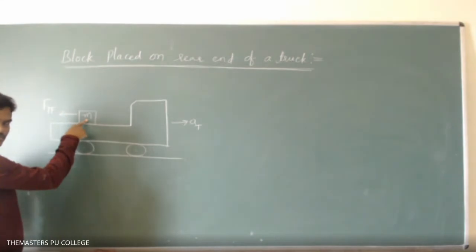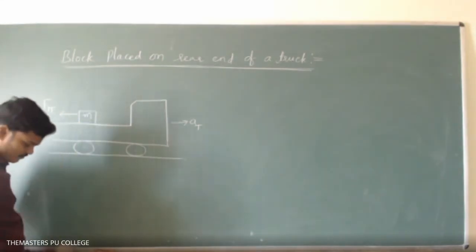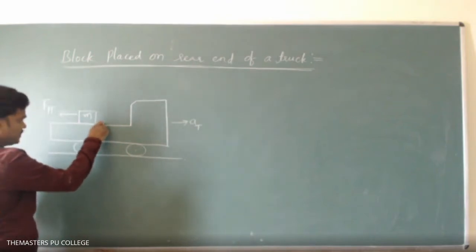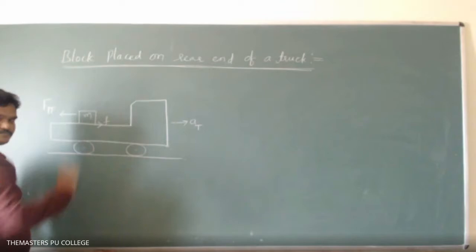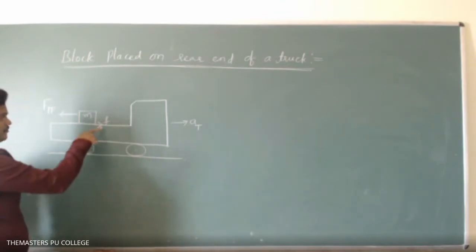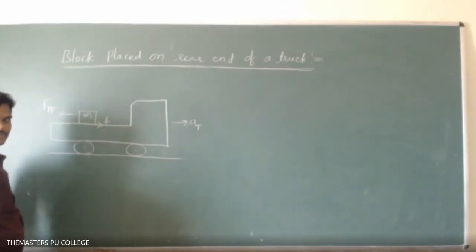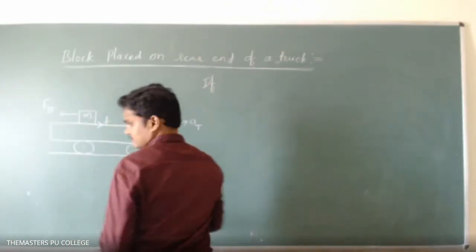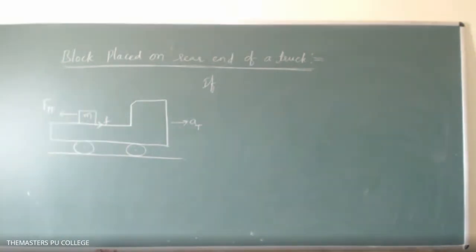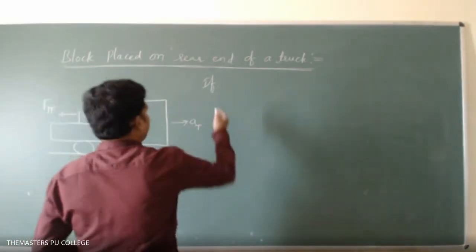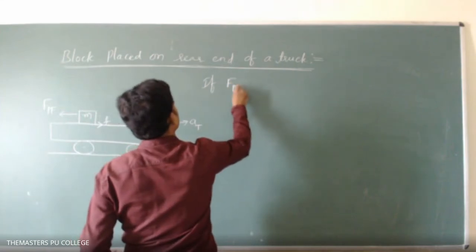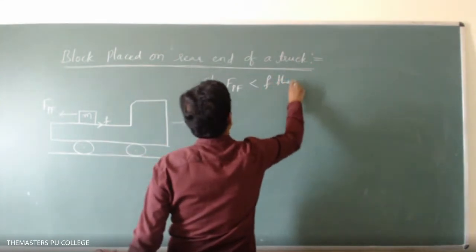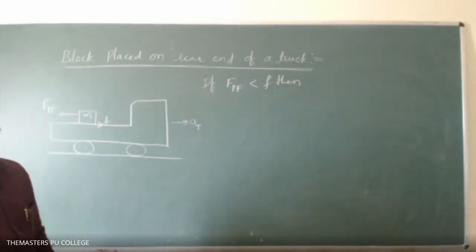If this block moves back, then tell me which side the frictional force will act. Opposite to this motion, forward. Yes, forward direction. Frictional force will act in this direction. Suppose pseudo force is less than frictional force, then will the block move or not?